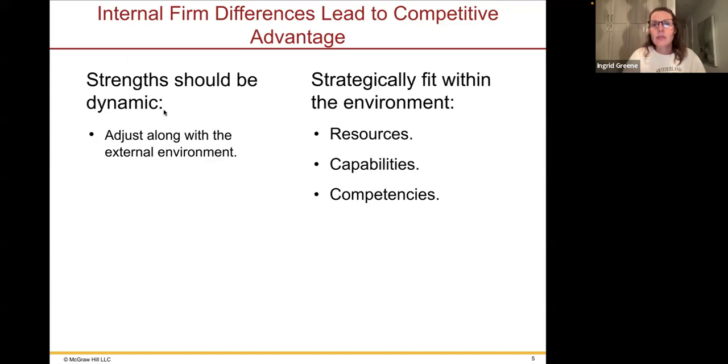Then we want to think about strategic fit within the environment. We're going to spend a few slides talking about resources, capabilities, and competencies. The whole idea is that we want to match these things within the organization to the external environment, so you want to exploit opportunities and reduce your threats and weaknesses.